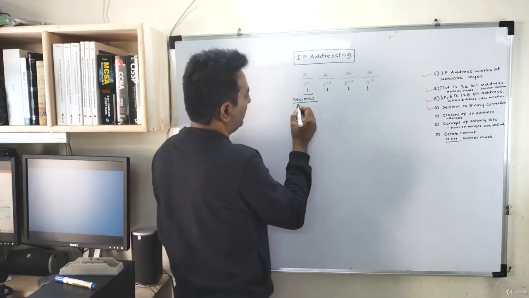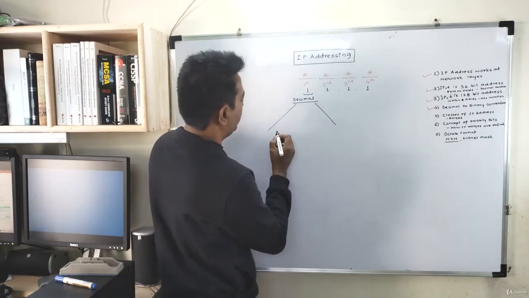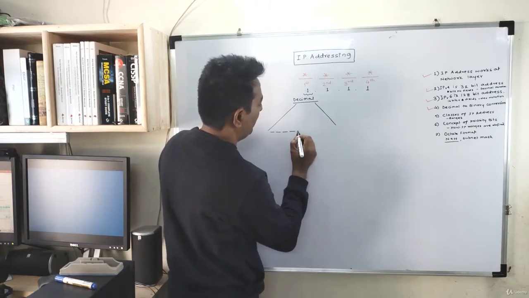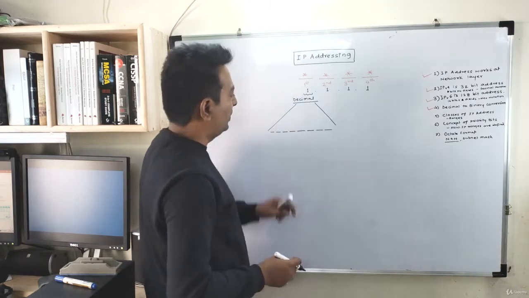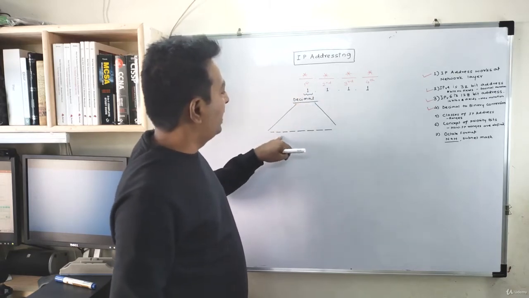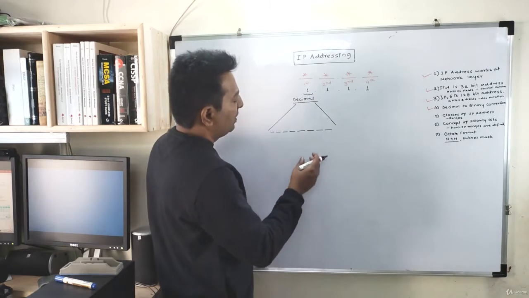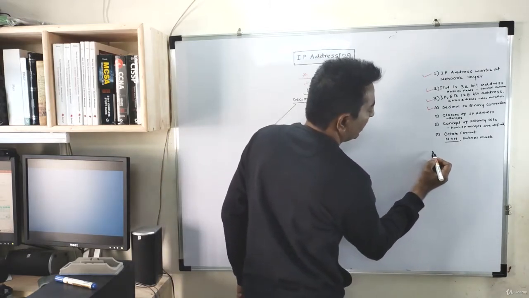So if you expand this particular field, it's going to be 1, 2, 3, 4, 5, 6, 7 and 8. So each field of an IP address is of 8 bits. So now if you want to learn the conversion, just remember one series of numbers.